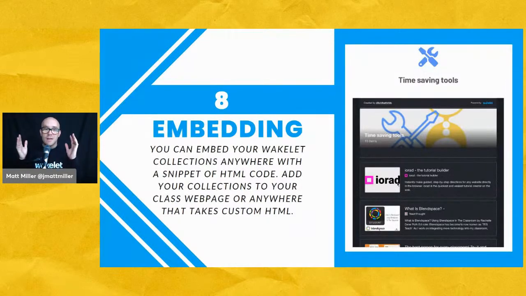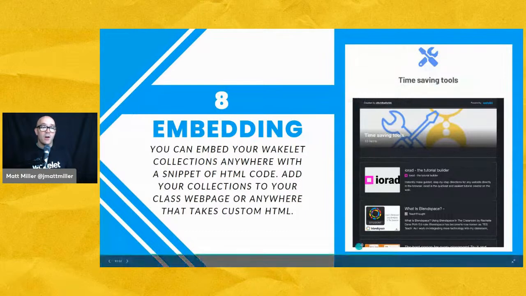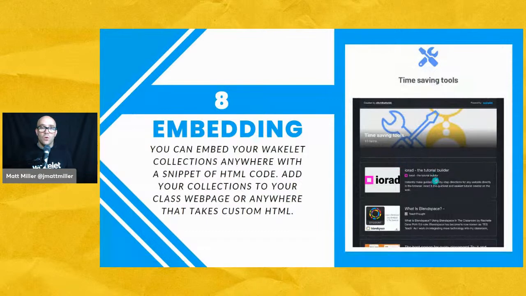And sometimes you can add a clickable, draggable, scannable, scrollable Wakelet collection, kind of like this one right here. This is a page on my website, Ditch That Textbook, where under time-saving tools, we just embedded an entire Wakelet collection here. And so what you can do is you can scroll inside of the Wakelet collection, which is embedded inside of the website.